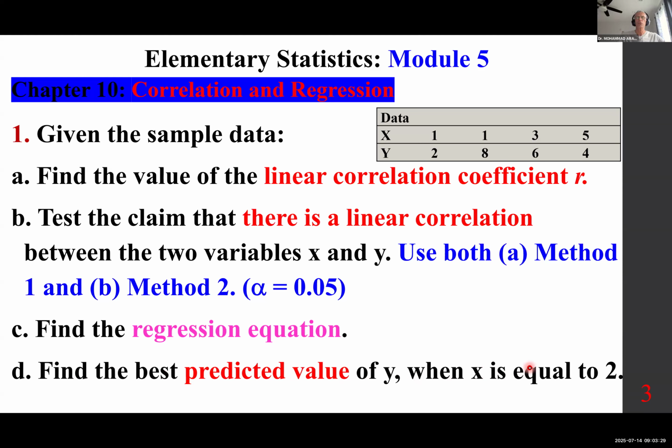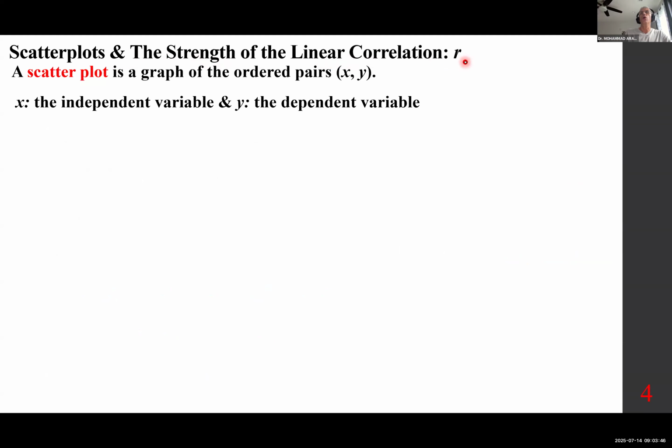Scatter plot and the strength of the linear correlation. R represents the linear correlation. A scatter plot is a graph of the ordered pairs x and y. X, as always, the independent variable, y, the dependent variable. So you plot the points.